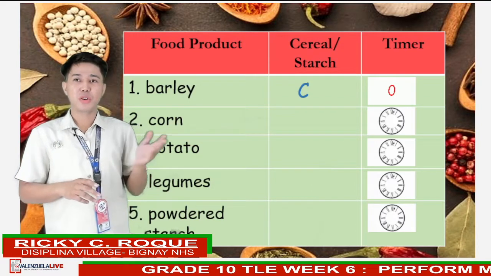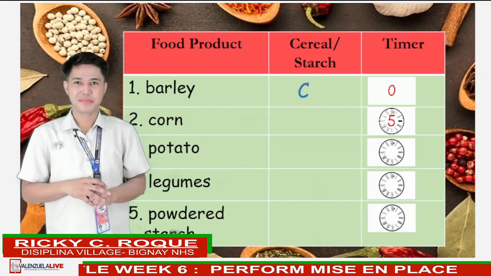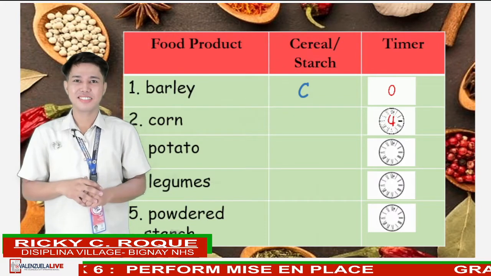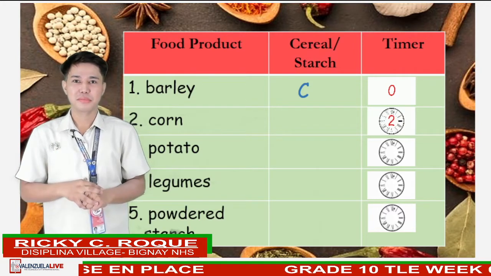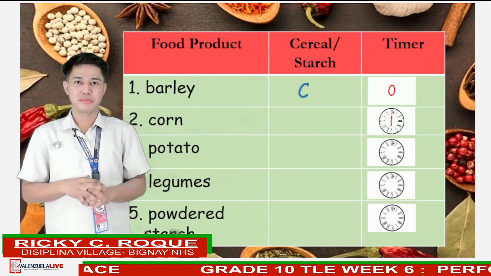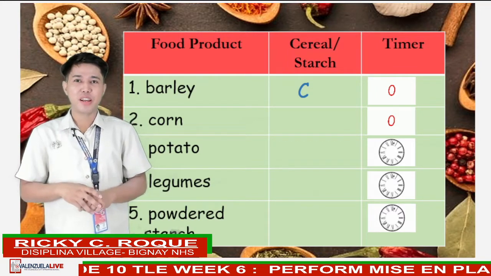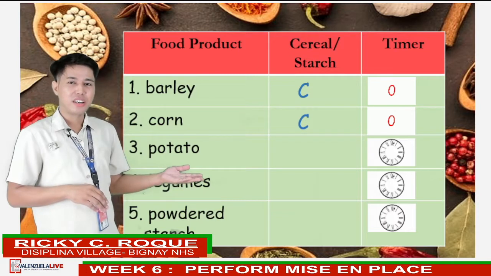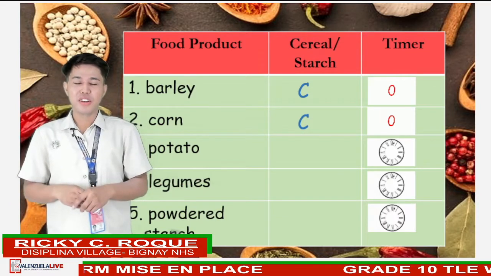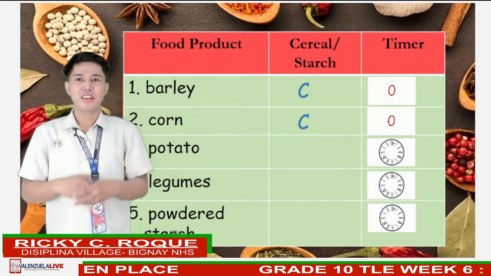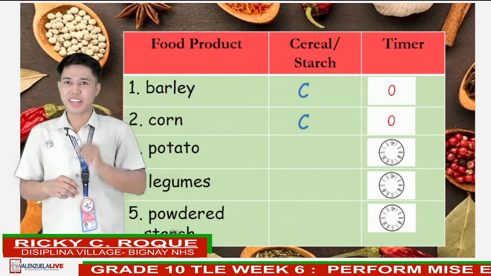Number 2, corn, for 5 seconds. The correct answer for number 2 is letter C. This means corn belongs to cereal. Then you are correct.